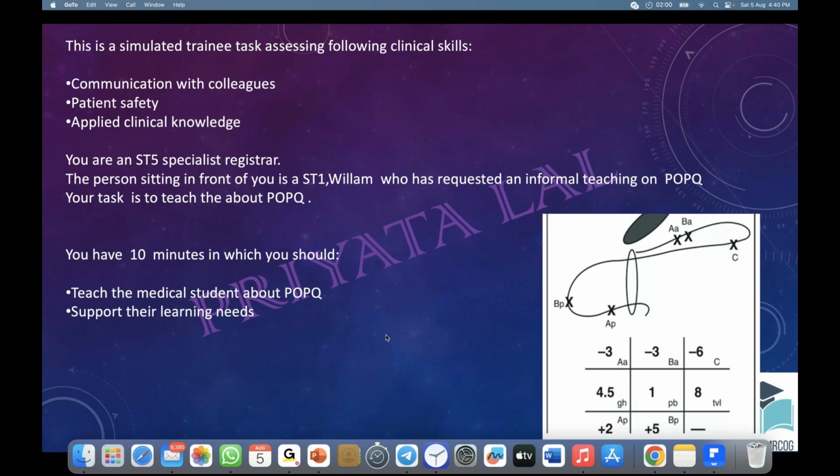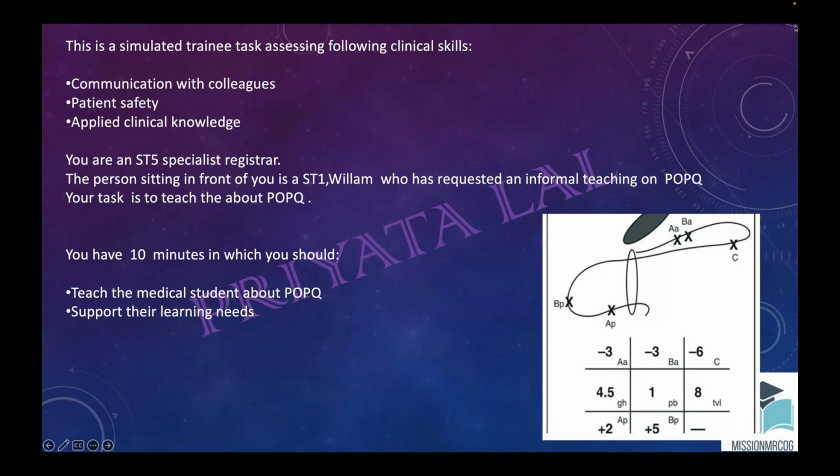So this is the normal position. So there is no prolapse. Am I clear so far? So the next column shows -6. This -6 is the position of C. C means the cervix, that is the external os. That is also normal. So the anterior wall and the cervix are normal.